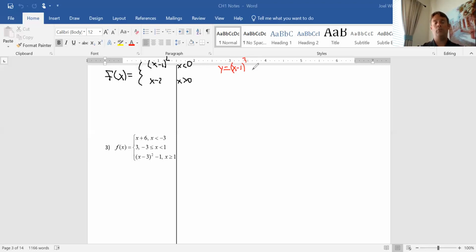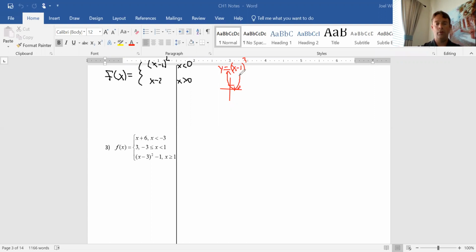So our h value is 1, our k value is 0. So if I were to go through and graph this one real quickly, it looks something kind of like this. The vertex would be here at negative 1, 0, and it would go up like this.